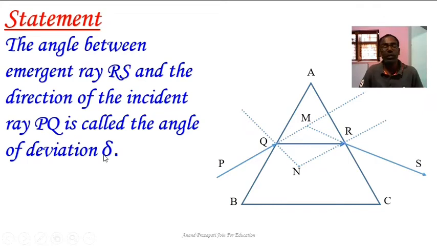So if anybody asks what you mean by the angle of deviation, the reply will be: the angle between the emergent ray RS and the direction of the incident ray PQ is called the angle of deviation.